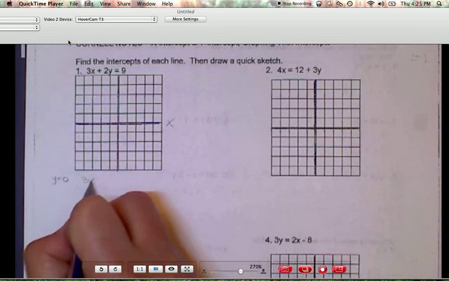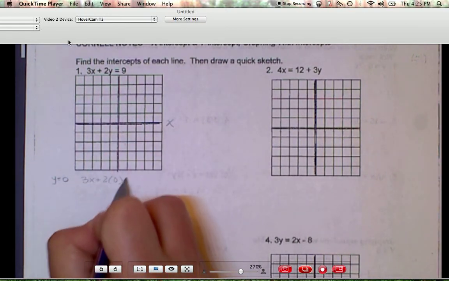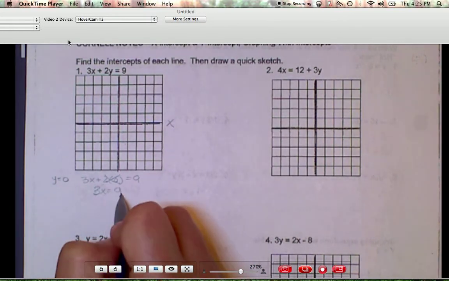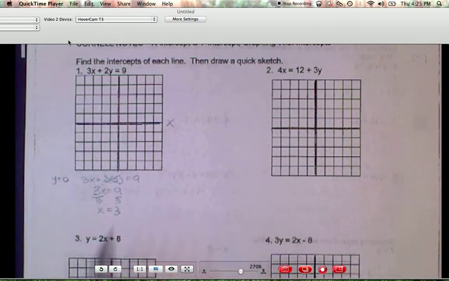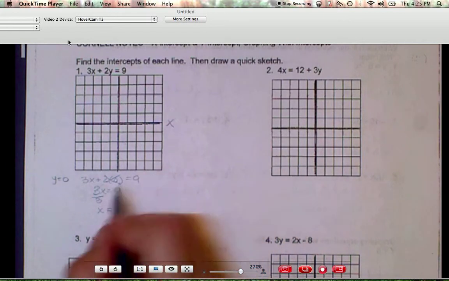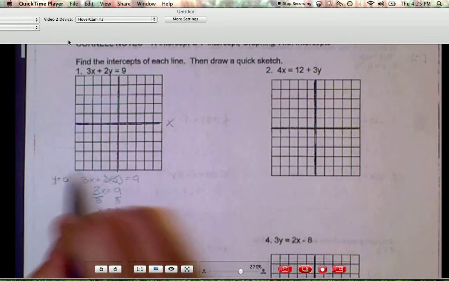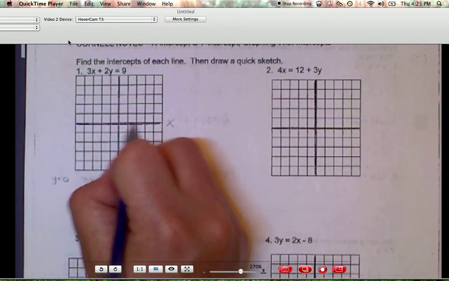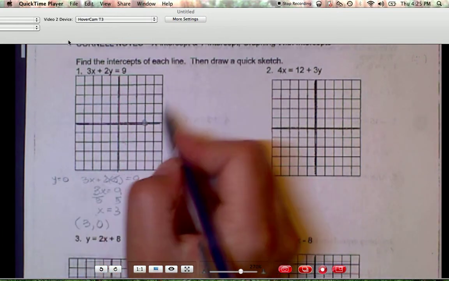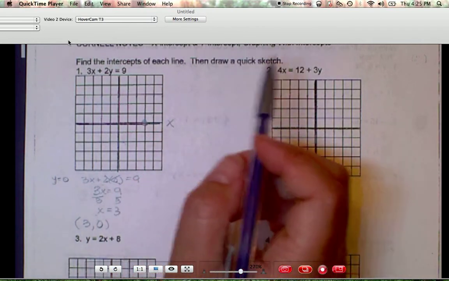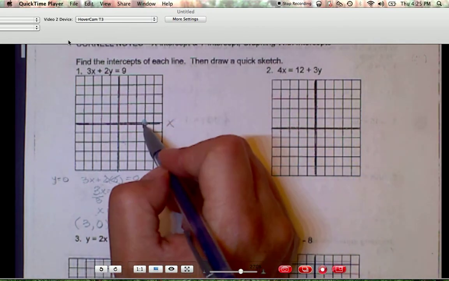So we get 3x plus 2 times 0 equals 9. 2 times 0 is going to make this drop out completely. So we get 3x equals 9, and we divide both sides by 3, and we get x equals 3. So what this is telling us is that we have a point where x equals 3 and y equals 0. 3, 0. And that's where the line is going to intercept or intersect the x-axis.